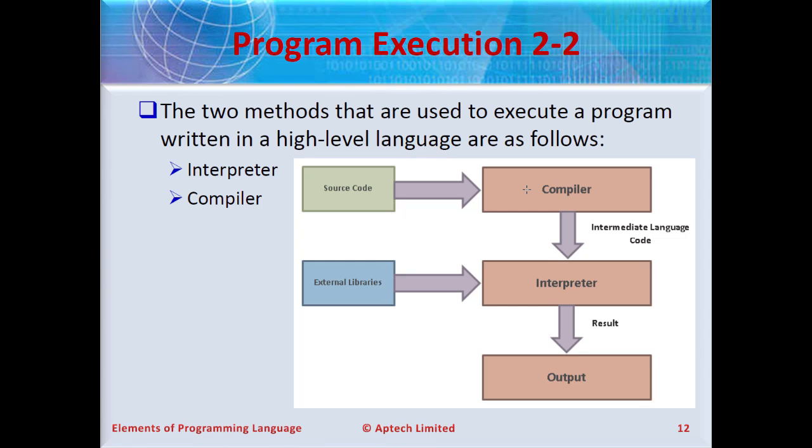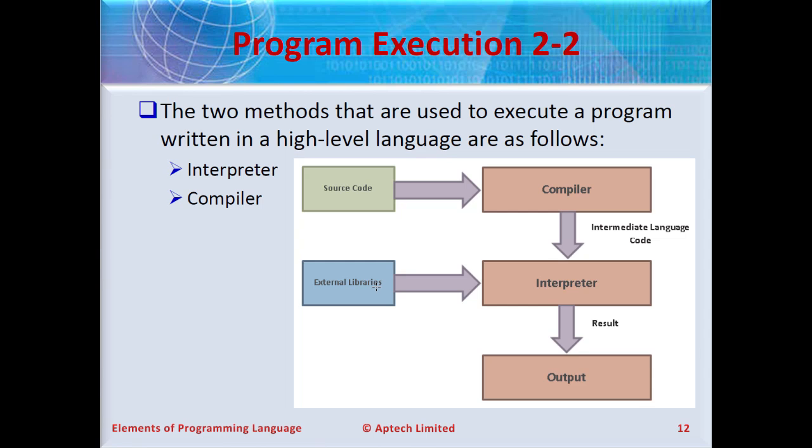We could also have the process of compilation and interpretation, like Java does. It does both compilation and interpretation. We could also have external libraries. External libraries could be something that is written by third-party developers, and you can include this in your program as well.